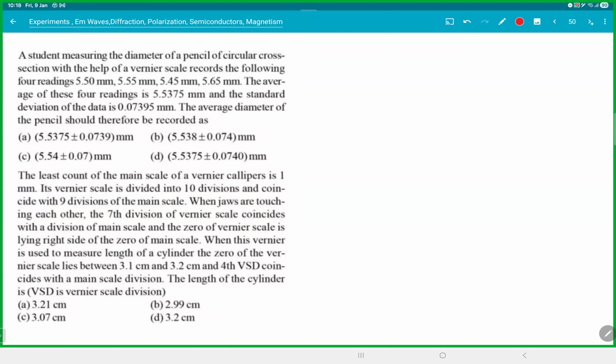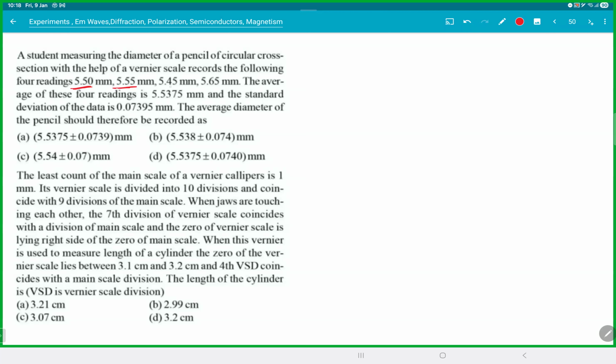First question, there's nothing to solve. Look at the readings here: 5.50, 5.55, 5.45, 5.65. How many decimals are there? 2. Your final result cannot be more accurate than this. Right? C option. Got this. You cannot have your final answer more accurate than your initial readings. So you should have only 2 decimals. C is the only option, 2 decimals, you are done.